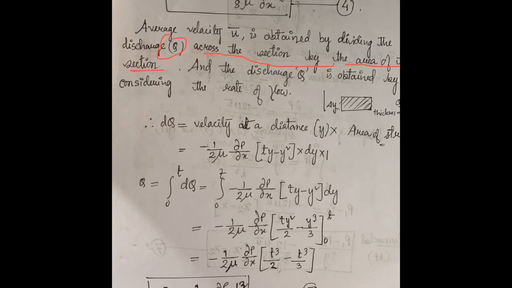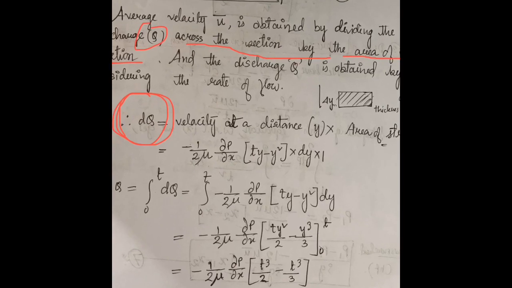Across the section by the area, as we know Q equal to AV. So dq you have to find out using the equation Q equal to AV.